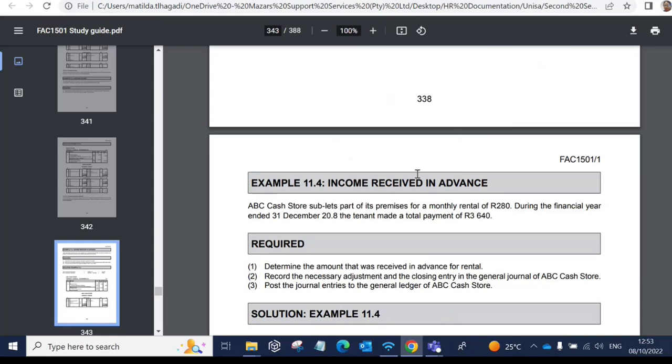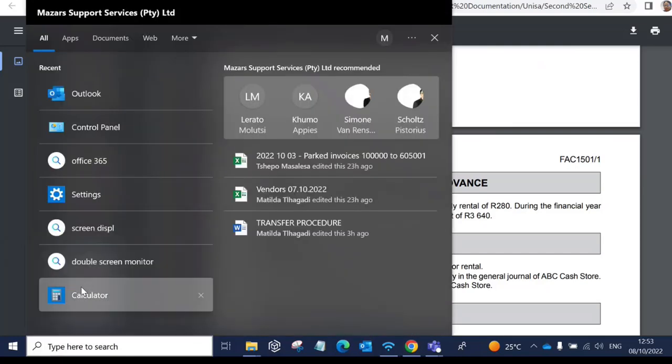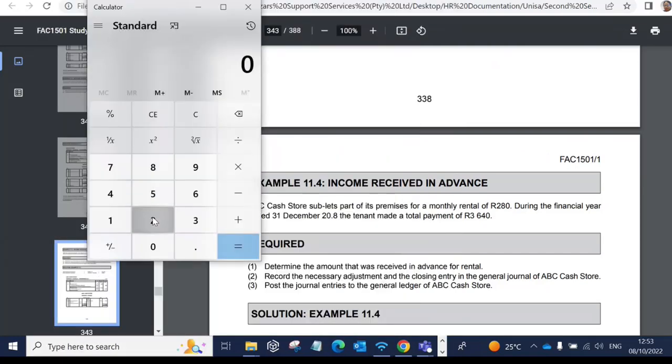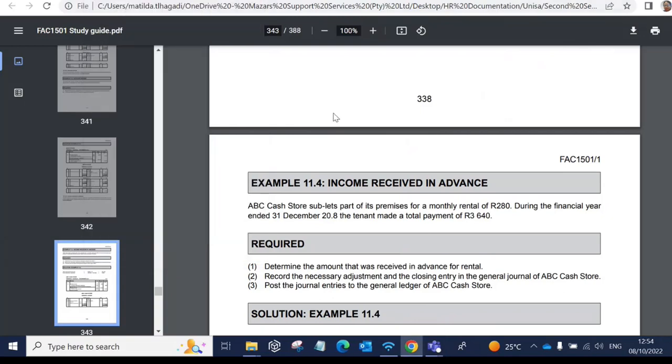That is 280 received in advance. So now we want to see how much was paid in advance. The 280 was received in advance.